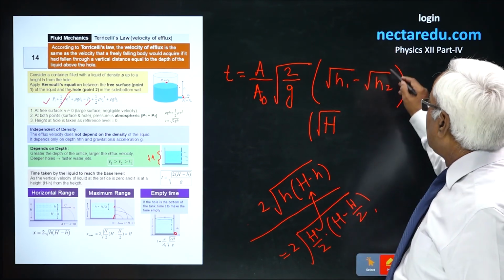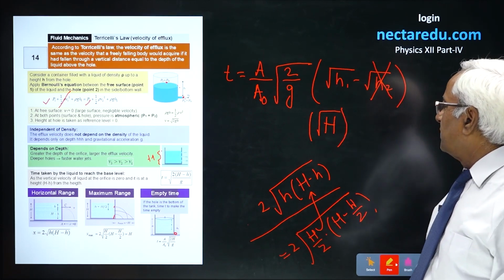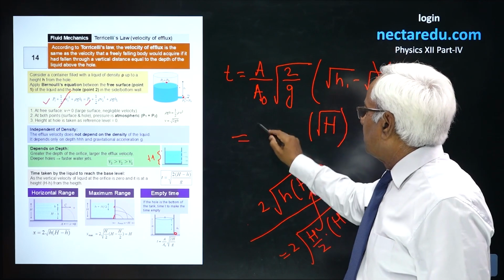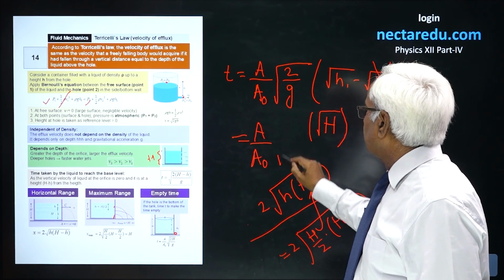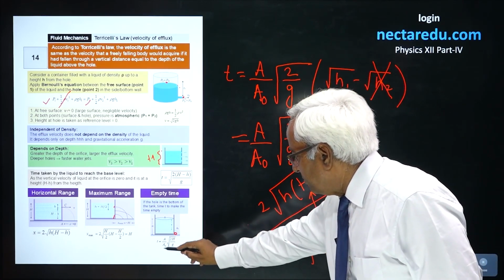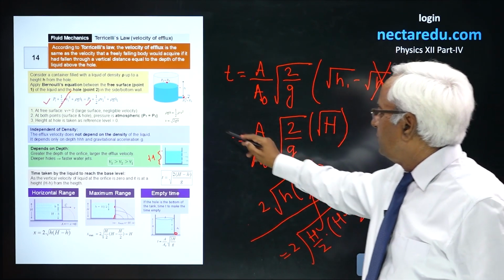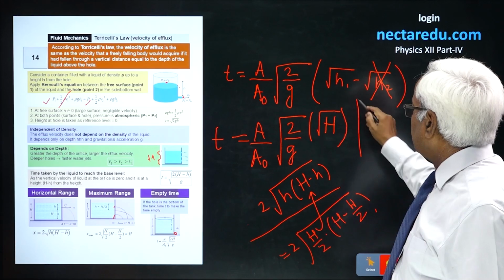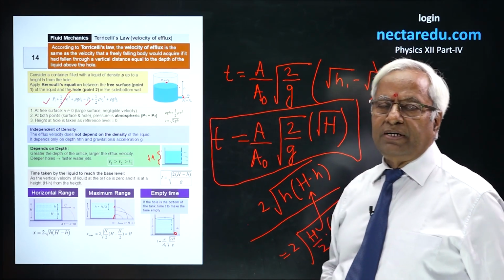Obviously the final level is going to be 0. Then what remains is this much only. Then in that case the formula for completely emptying the cylinder is going to be this one. This is what exactly I have written over here, A upon A0 root 2H upon g. You could say this is the complete time that the cylinder will require in getting completely empty.